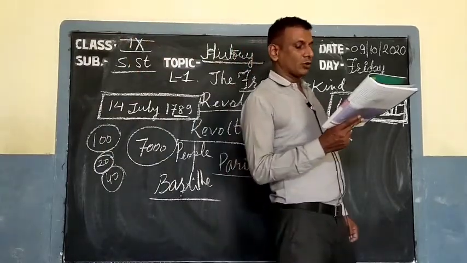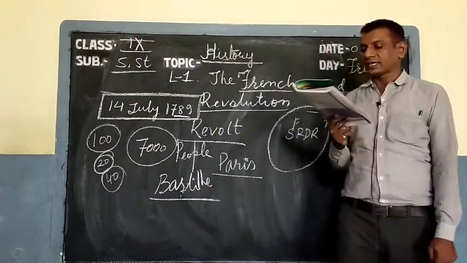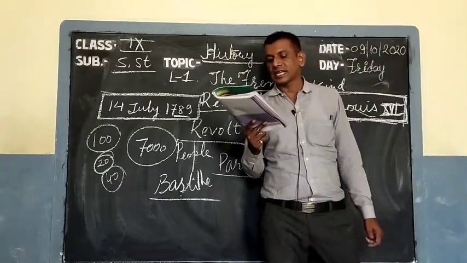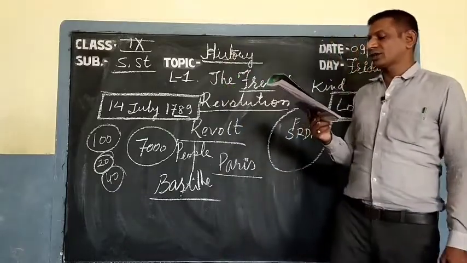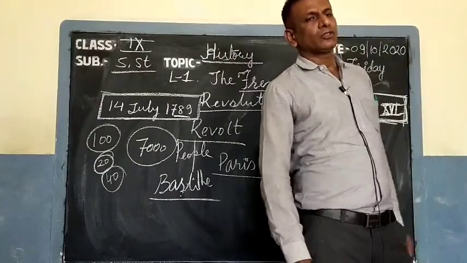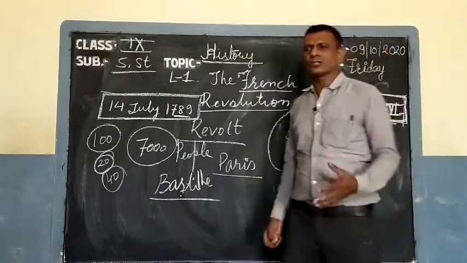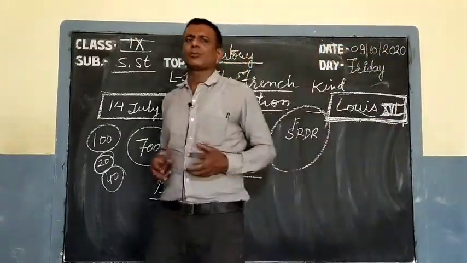This was left to those groups within the third estate who had become prosperous and had access to education and new ideas. So in the third estate also there were rich and poor people.